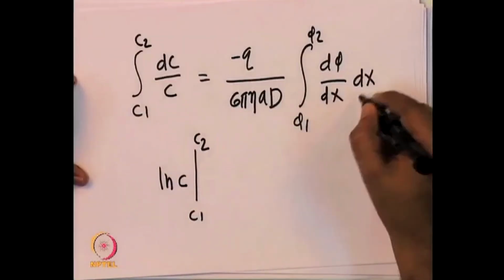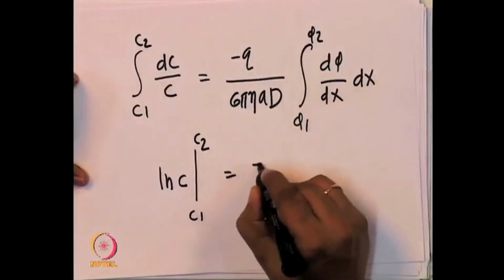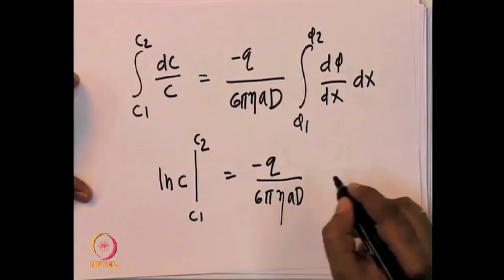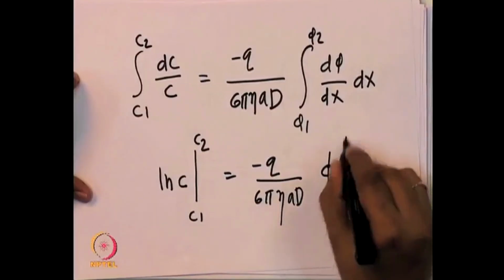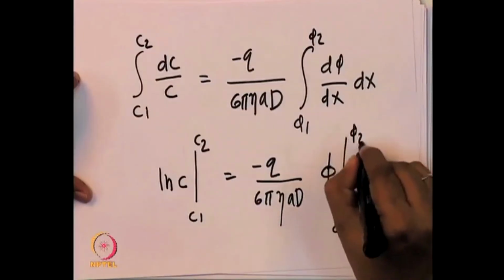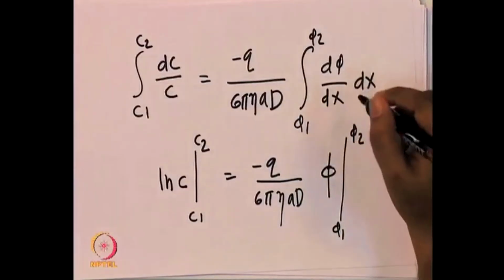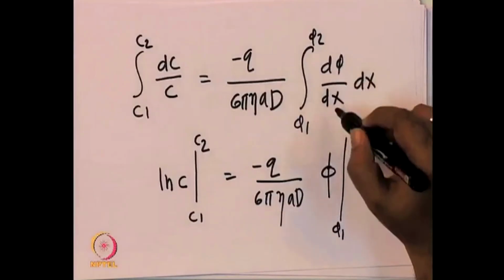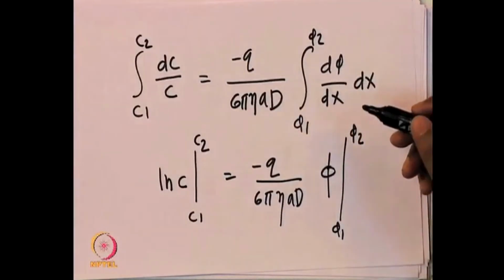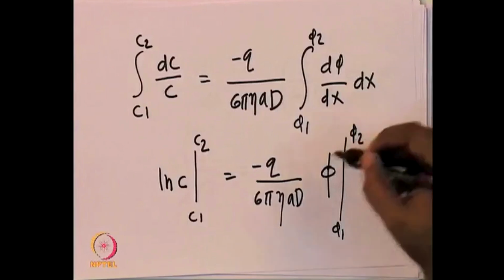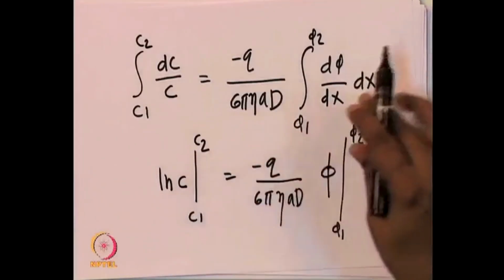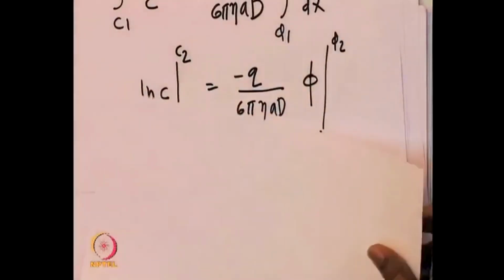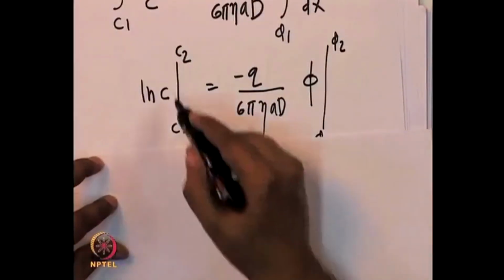So, integral of this d phi by dx dx is equal to minus q 6 pi eta a d into phi in the limits phi 1 to phi 2. So, this is just d phi by dx dx, this integral is essentially phi, because if you integrate d phi by dx, you will get phi. So, you have phi in the limits phi 1 to phi 2 and log in the limits c 1 to c 2. So, if you have this integral, you can apply these limits.